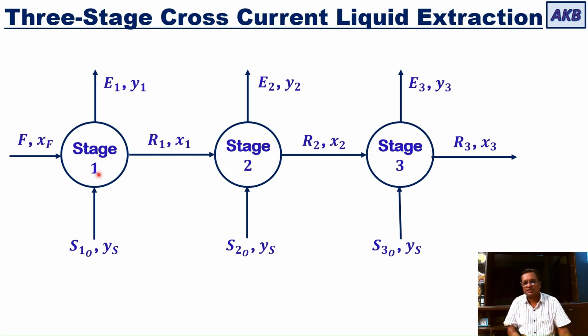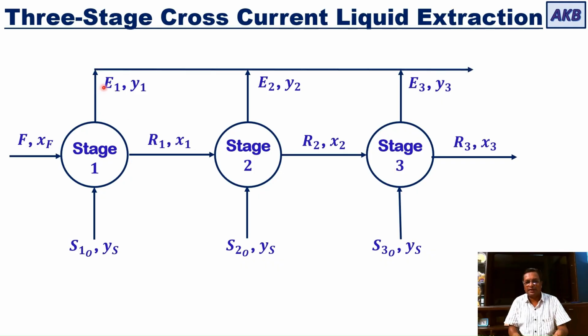In this case, we have considered a 3-stage cross current liquid extraction where the raffinate phase is contacted with fresh solvent 3 times, each time in a new stage. So stage number 1, stage number 2 and stage number 3.